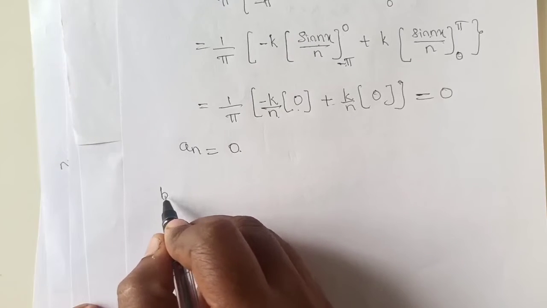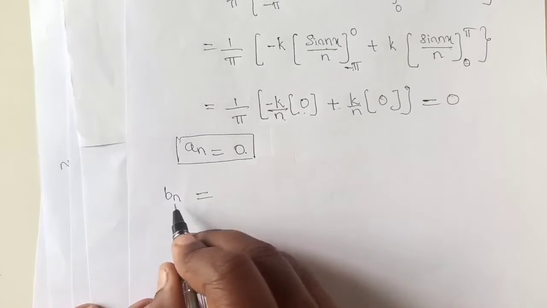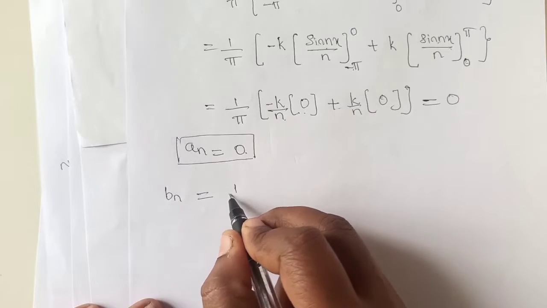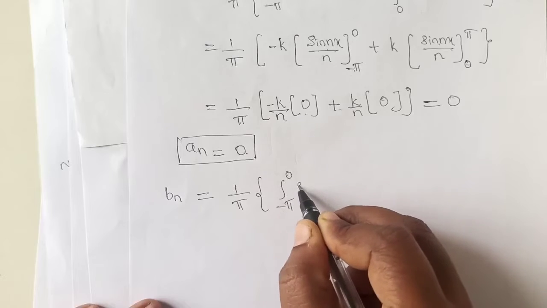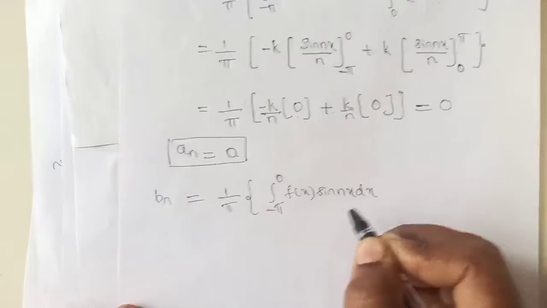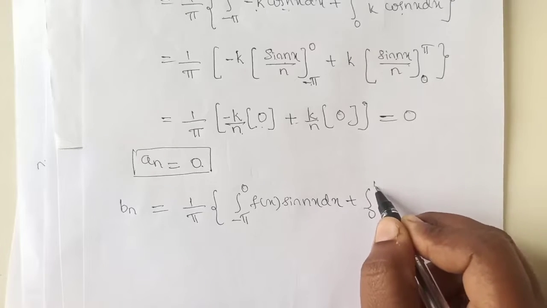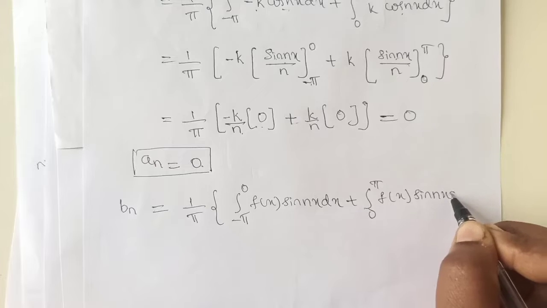Next we calculate bn value. Okay, bn equals 1 by pi integration minus pi to 0 f of x sin nx dx plus integration 0 to pi f of x sin nx dx.